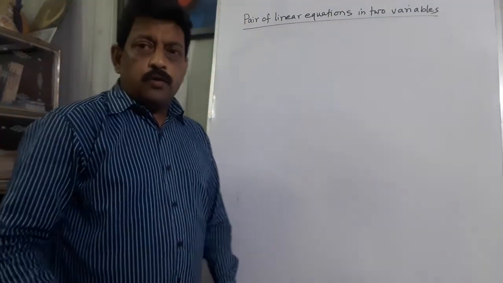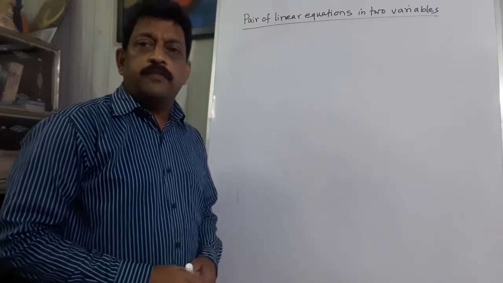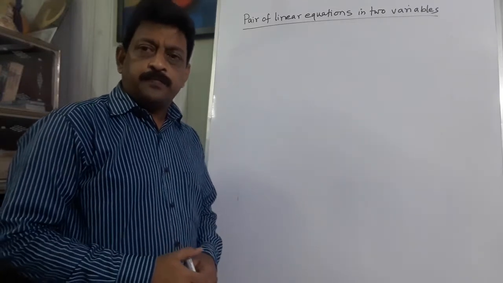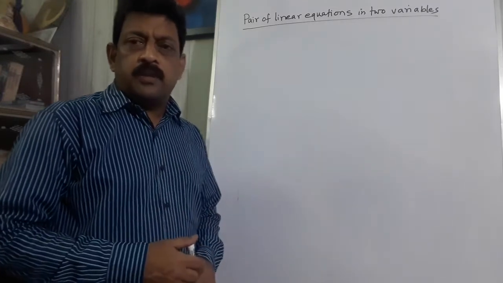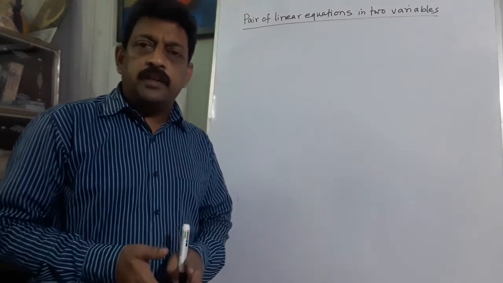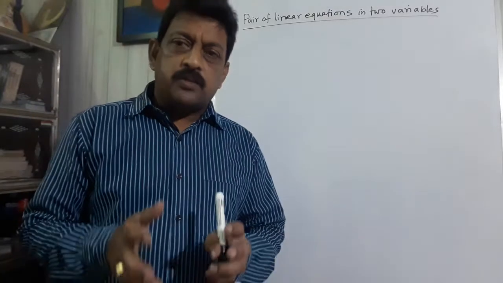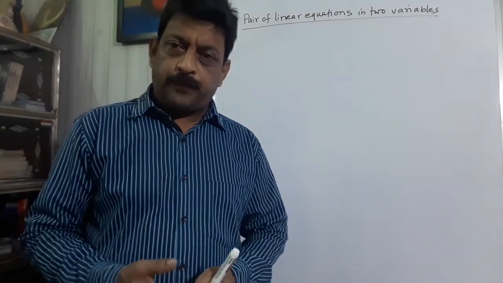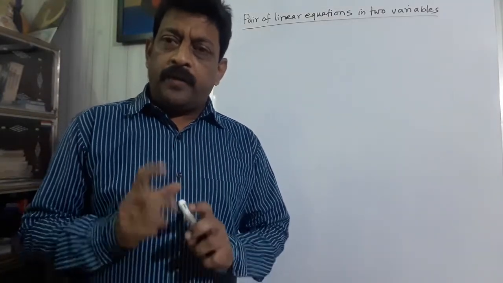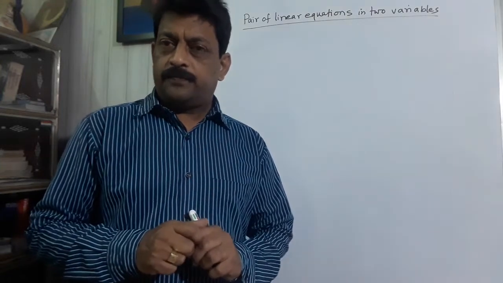First of all, we have to know what is the general form of linear equations. It was also done in the previous class. The general form of a linear equation in two variables is written as ax + by + c = 0. Here we are doing a pair of linear equations in two variables.